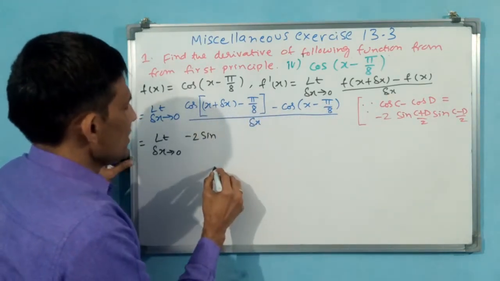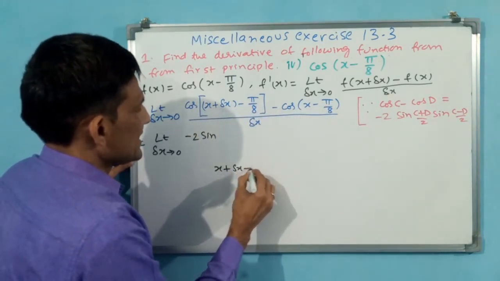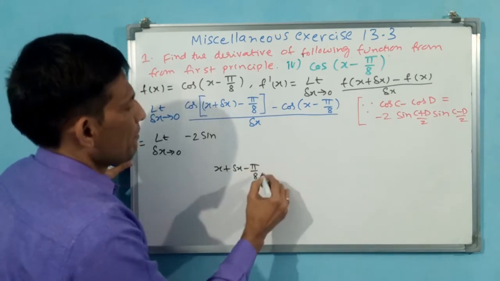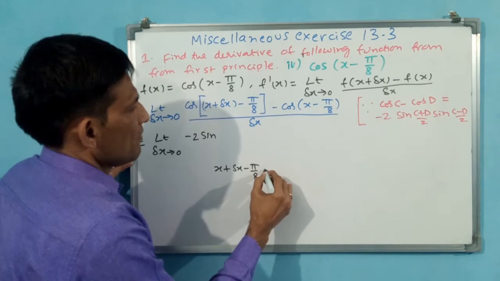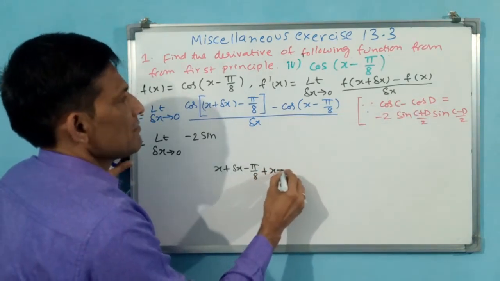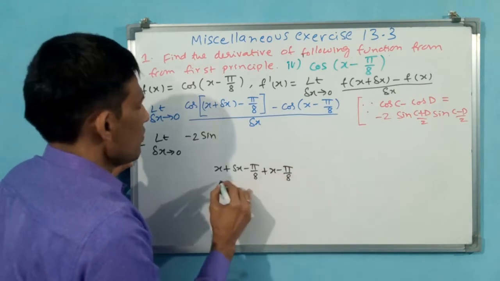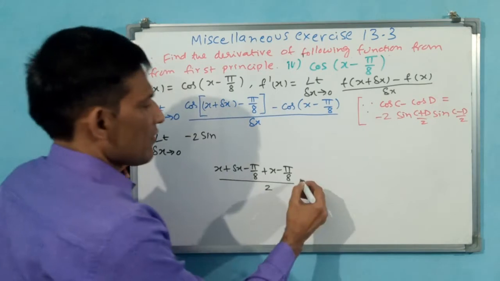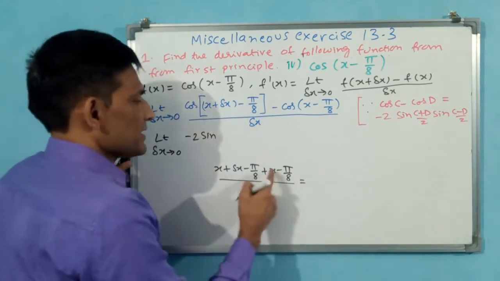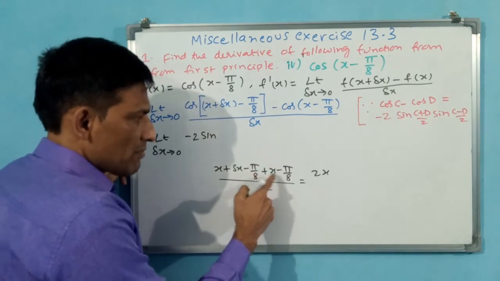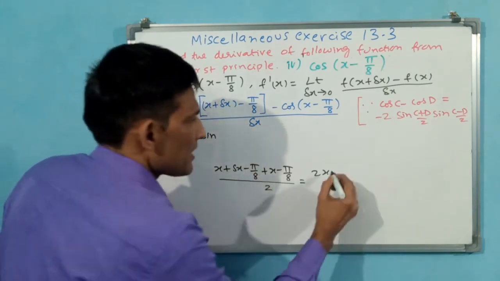C plus d means same thing you have to write. Plus x minus pi by 8, okay, whole divided by 2. This is (c plus d)/2. Carefully observe how it is coming. X plus x, 2x. Delta x is 1 only, but minus pi by 8, minus pi by 8, minus 2 pi by 8.